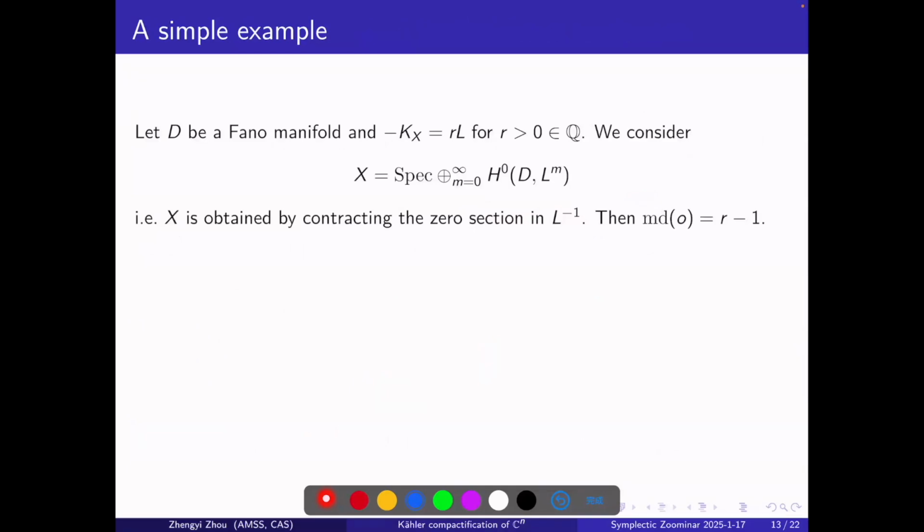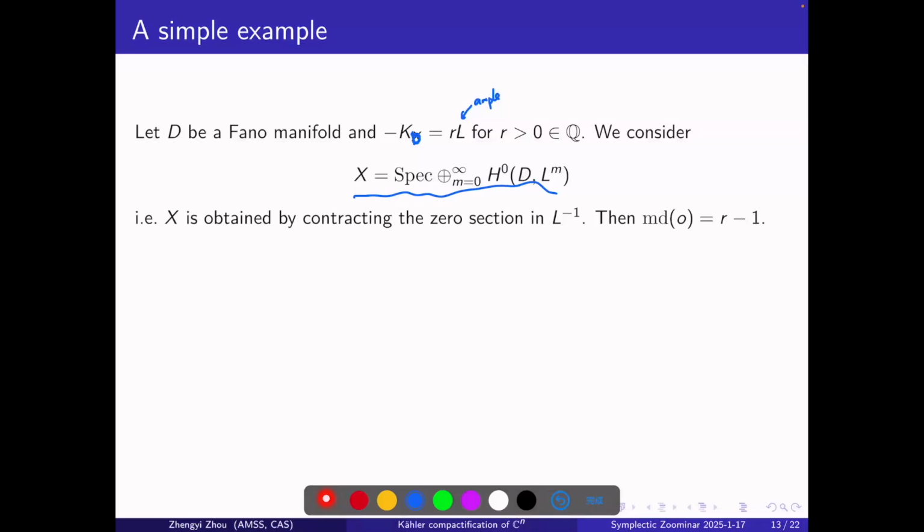Okay. So a simple example of a singularity is the following. We can consider D to be a Fano manifold. The Fano here just means the canonical divisor K_D, negative K_D, is a positive multiple of L, and L is ample. And then we can consider the following space, which is the Spec of this algebra.